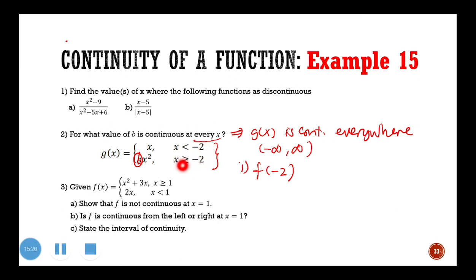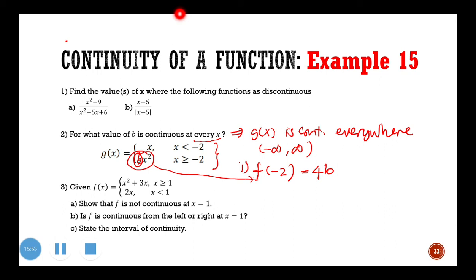So we use the second function, bx squared, because it is for x more than or equal to negative 2. So here we get 4b, because you substitute x with negative 2.